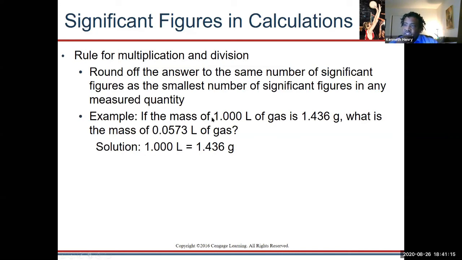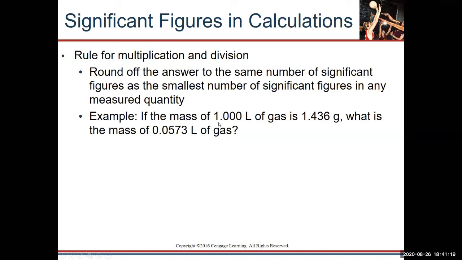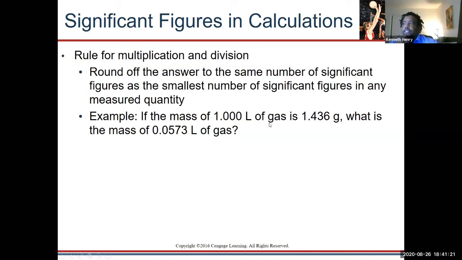So example, if the mass of 1.00 liters of gas is 1.436 grams, what is the mass of 0.057 liters of gas?